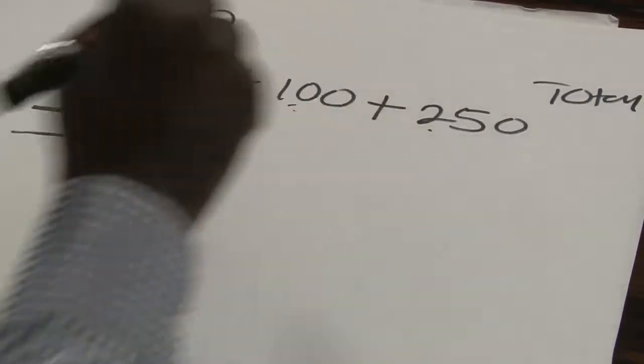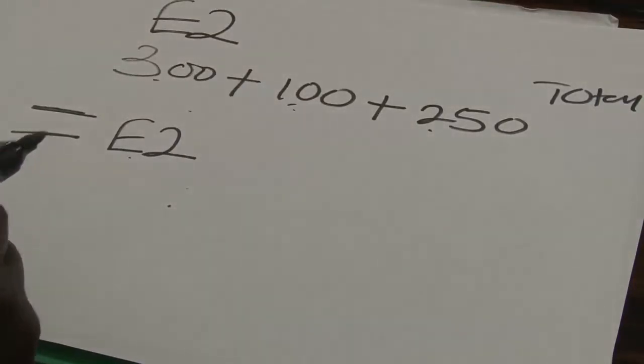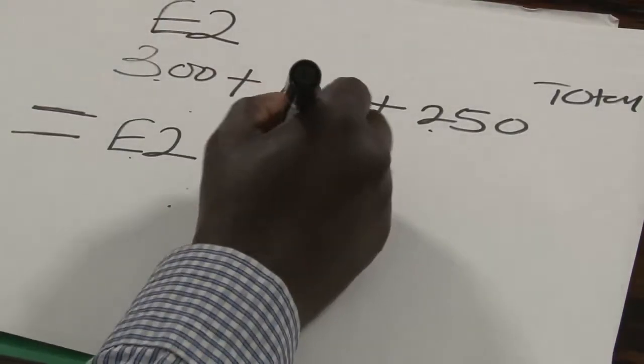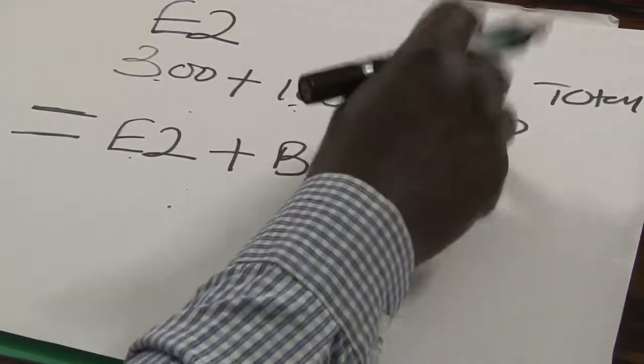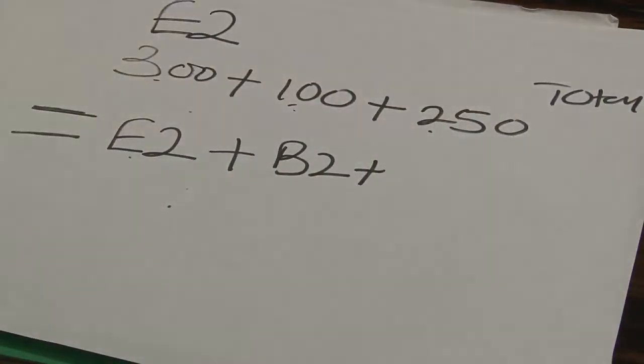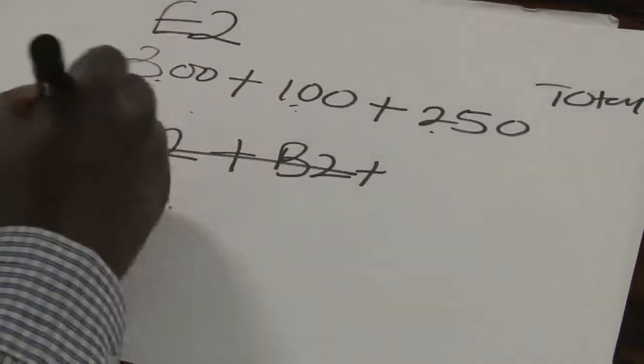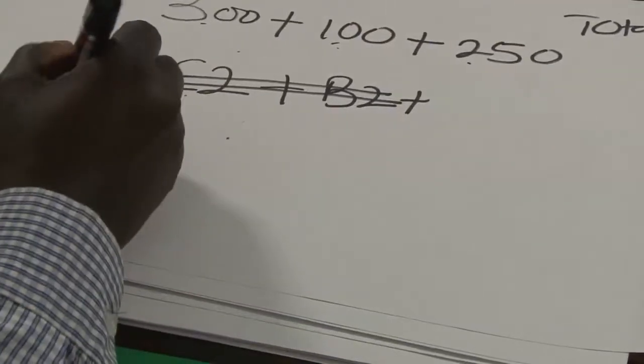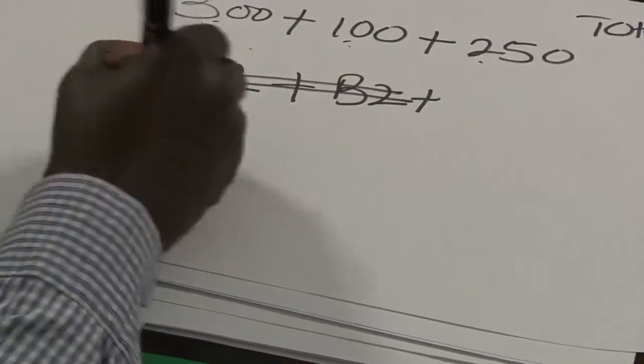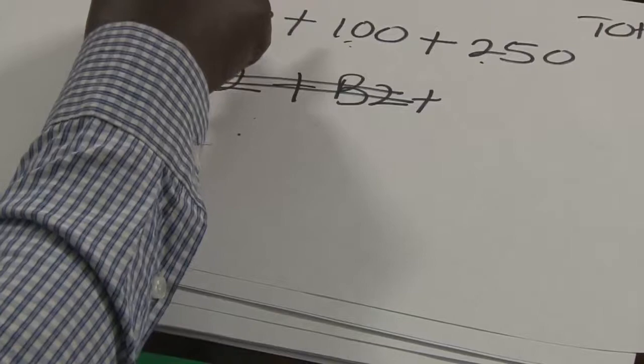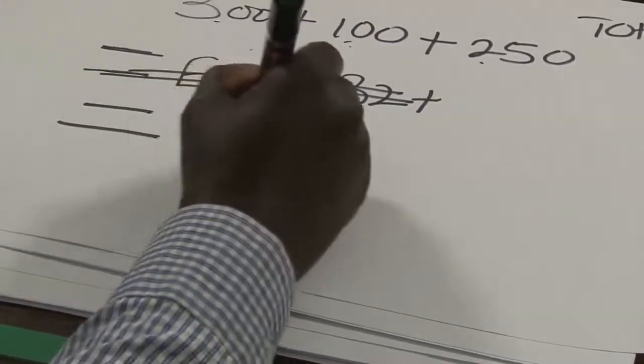Sorry, there's a mistake here. Pardon me, let me just take it from the beginning again. I misplaced this cell. Equal, where can you see this 300? In cell B2.